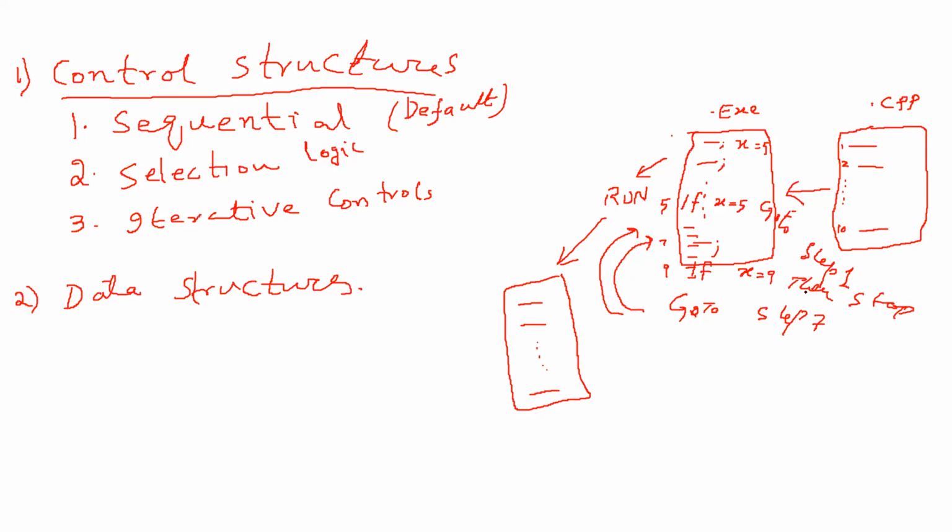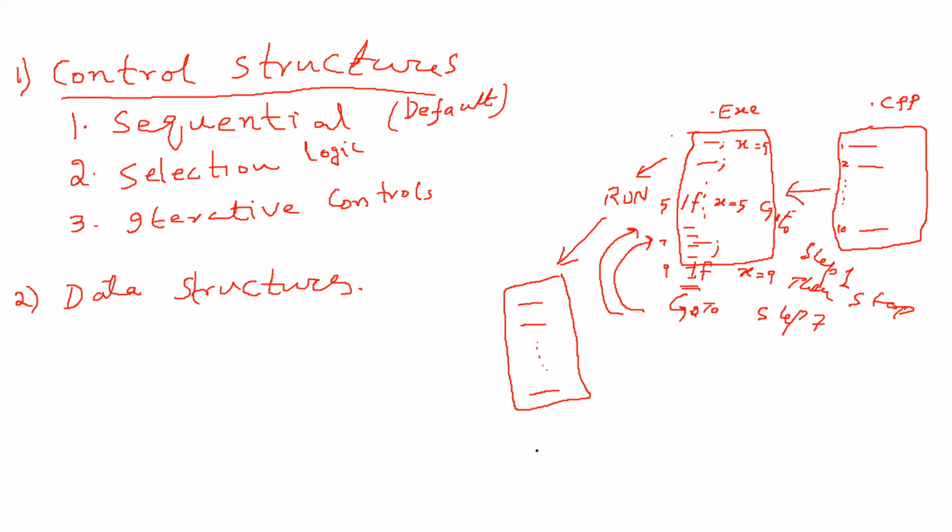So when we reach line number 9, and if the value of x is really 9, then the process will be stopped and the program will be terminated. If it is not equal to 9, then the next step and the next step. And when it comes to the last line, it has a line which indicates that you have to move to step number 7, and it will be executed again.